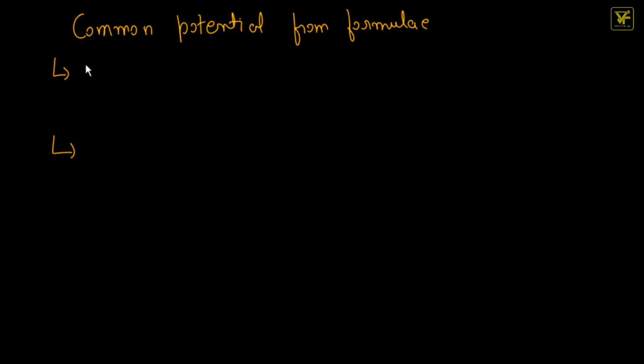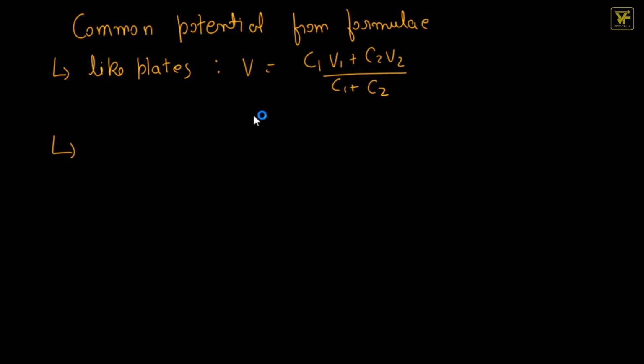One is when capacitors are joined with like plates. Like plates means positive to positive and negative to negative. So when they are connected by like plates, the formula for common potential V is equal to C1 V1 plus C2 V2 by C1 plus C2.